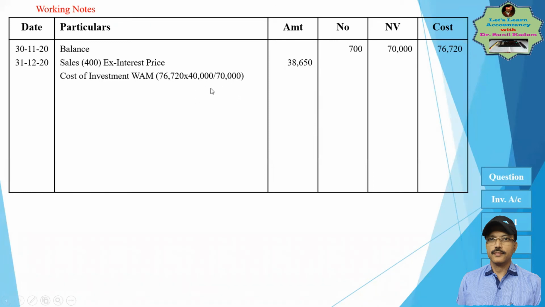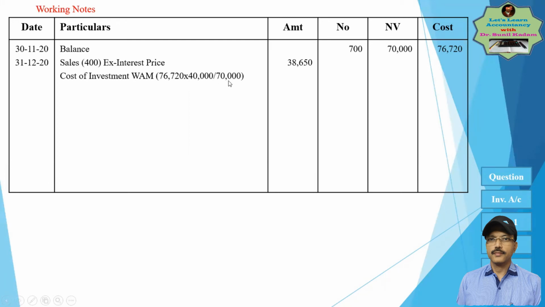So let's work it out. We know that for 70,000 nominal value, the cost is 76,720. We are going to sell 40,000 nominal value debentures. So for 40,000, how much is X? By cross multiplication, 40,000 into 76,720 upon 70,000, or you can write 76,720 into 40,000, it doesn't matter.